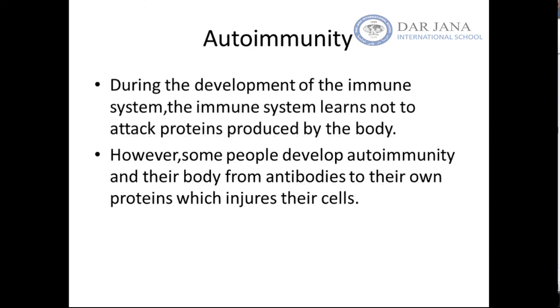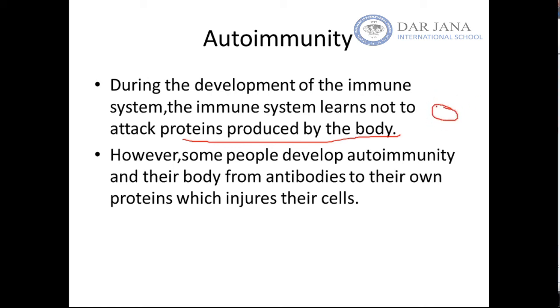Now let's talk about autoimmunity. Usually during development, the immune system learns not to attack or not to fight proteins produced by the body. So usually the immune system learns to attack foreigners, foreign bodies, invaders, pathogens, strange antigens, while it learns not to attack proteins produced by the body or antigens present on self cells.